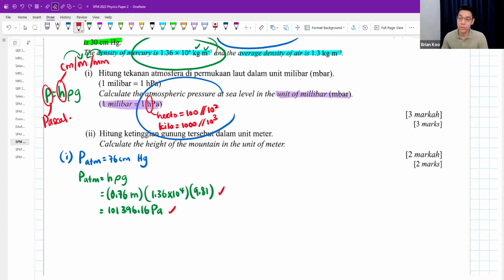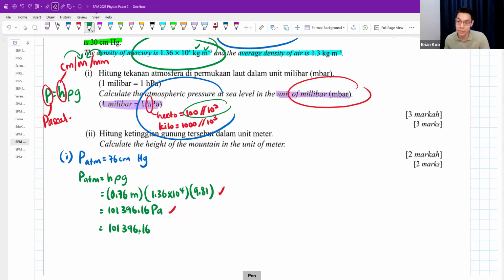Okay, the last job is you need to change to millibar, the unit. In order to change that, you first need to change to hectopascal. So you want to ask yourself, how do we change this to a times 10 to the power of 2?